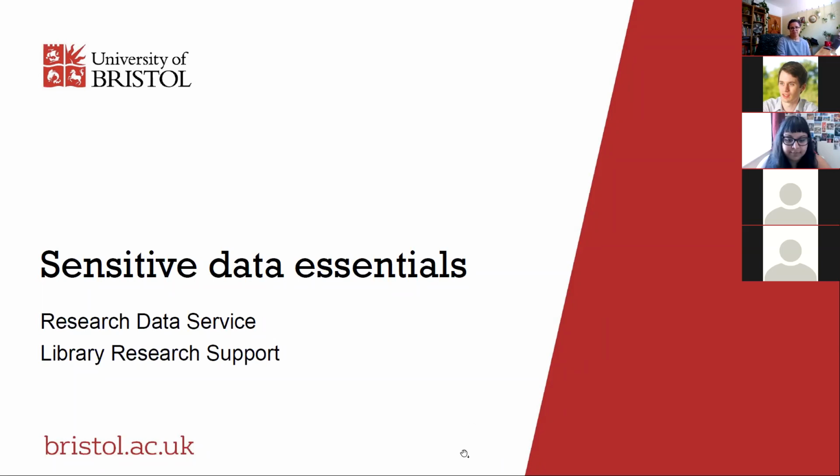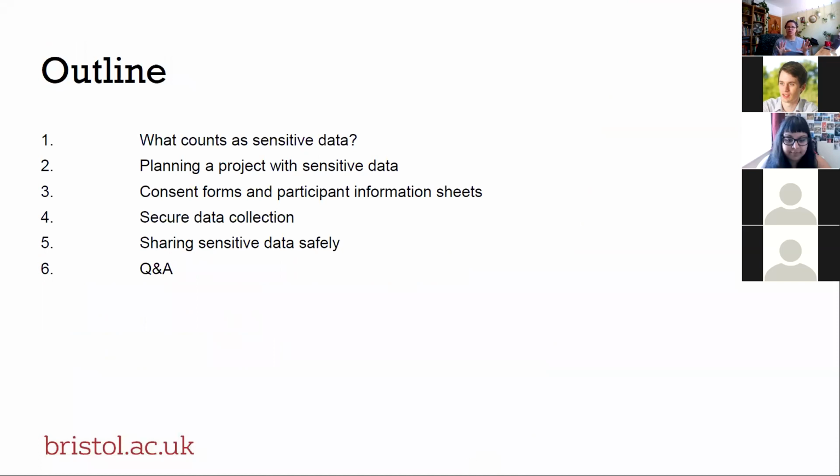Okay, so first of all, an overview of what I'm going to talk about. Firstly, I'm going to start off with a quick overview of what we mean when we talk about sensitive data. Then I'll dive into the things you need to think about when you're planning a project with sensitive data.